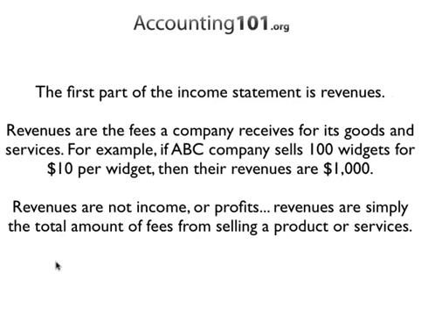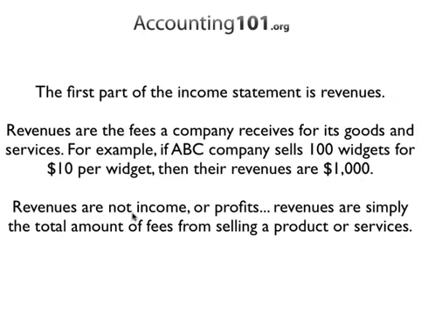It might not actually be received, based on accrual accounting, but we'll get into that in a later video. So, basically, it's the amount of money they've earned, whether they've received it or not.